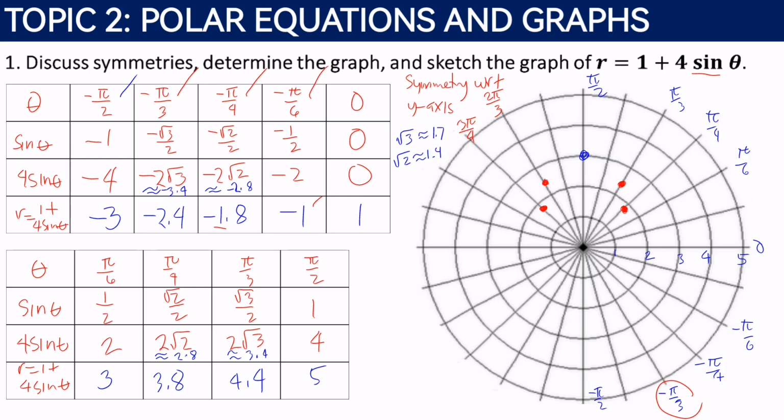Negative pi over 6, negative 1, so over here. And a reflection over here. Then 0, 1. Angle 0 and 1. And I also have a 1 here.